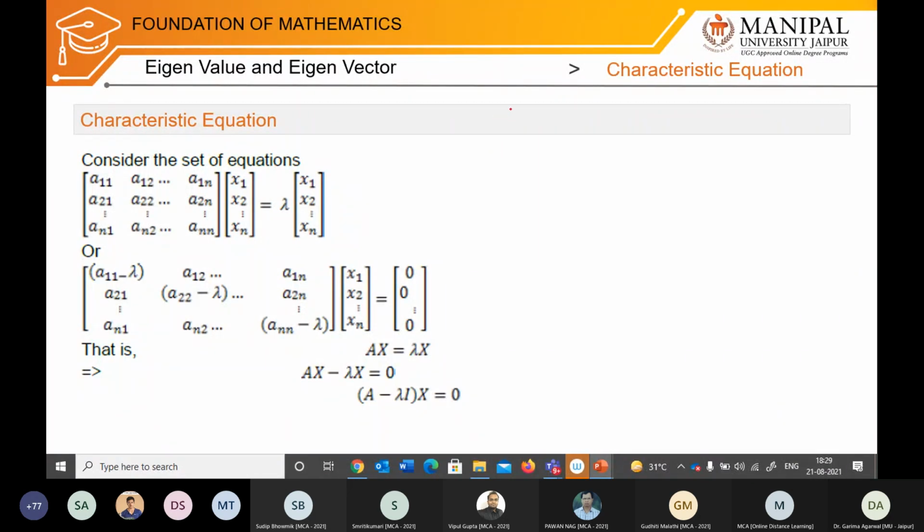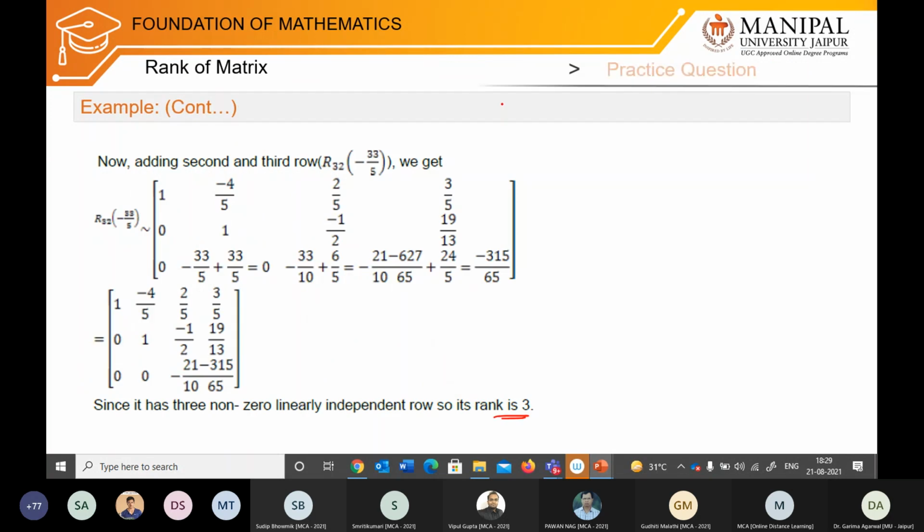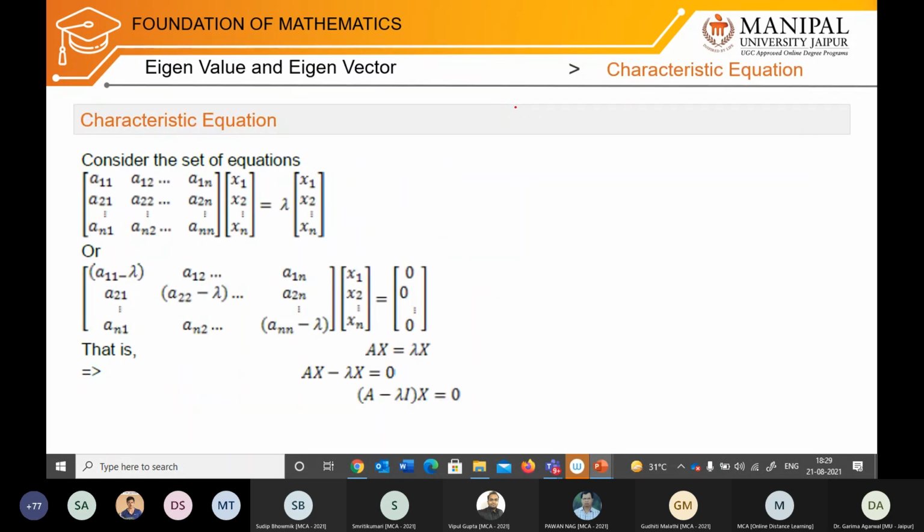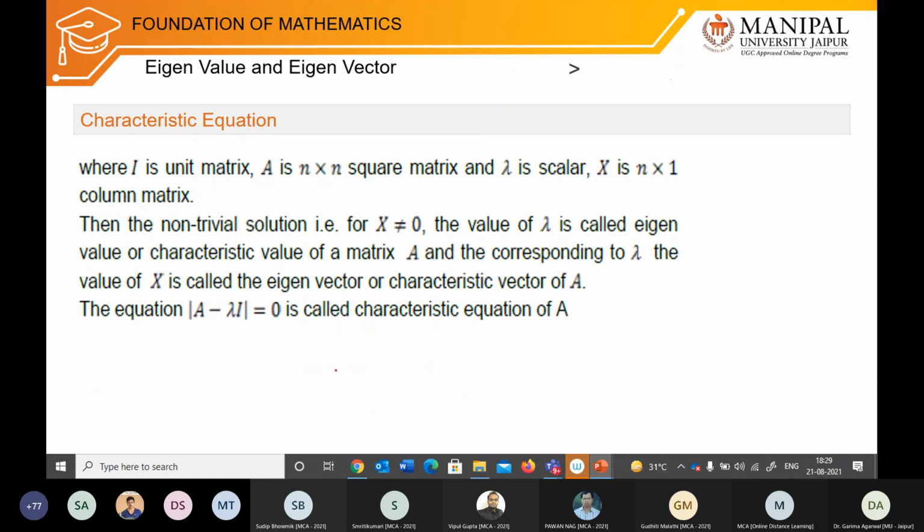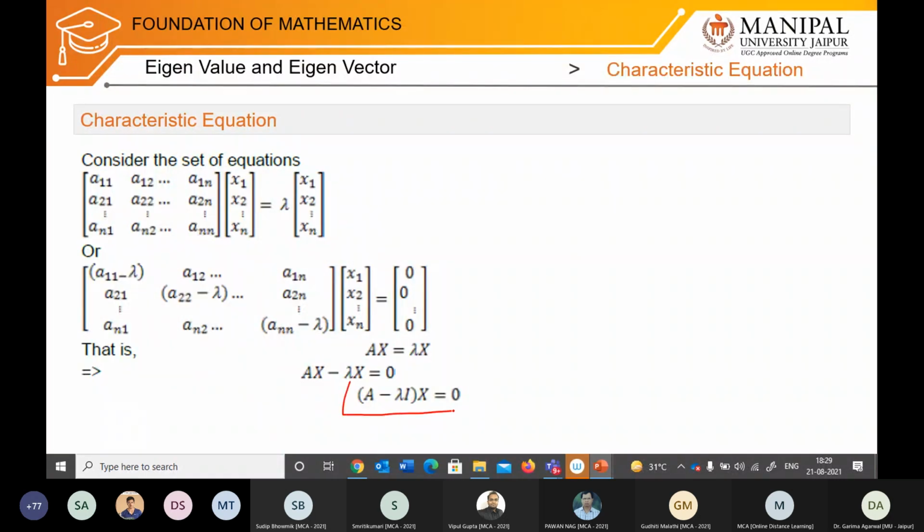So first of all, this equation (A minus lambda I) x equals 0 is known as the characteristic equation, where lambda is any constant or scalar and I is the identity matrix, right?